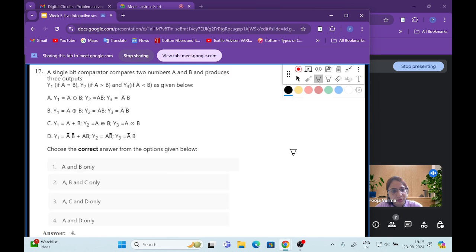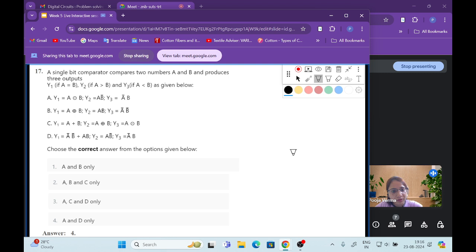Now the next question is: a single bit comparator compares two numbers A and B and produces three outputs, that is y1 if A is equal to B, y2 if A is greater than B, and y3 if A is less than B, as given below. These are the options given.